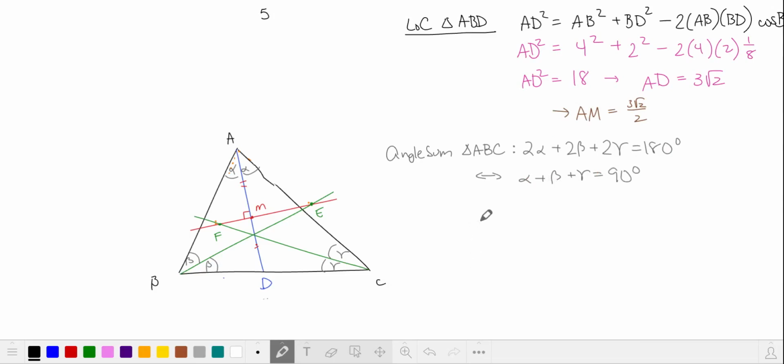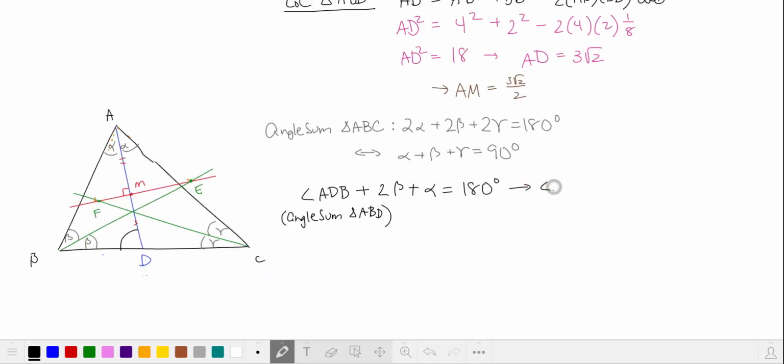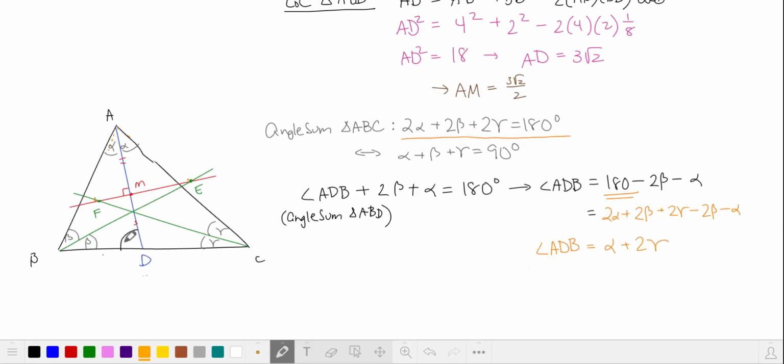Let's find some of these other angles. Looking at angle ADB, using the angle sum of triangle ABD, we have ADB plus 2 beta plus alpha adds up to 180 degrees. Solving for angle ADB, we'll substitute this 180 degrees using this expression, and angle ADB is alpha plus 2 gamma. Likewise, finding the angle sum of triangle ADC leads to angle ADC is equal to alpha plus 2 beta.